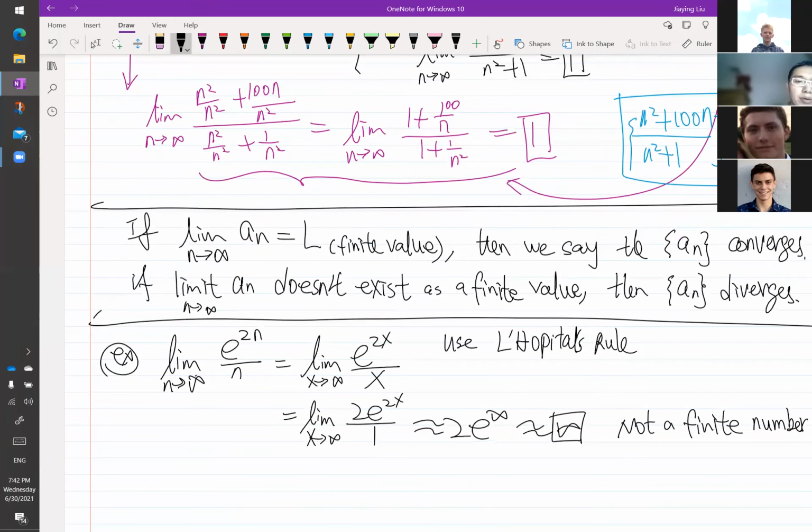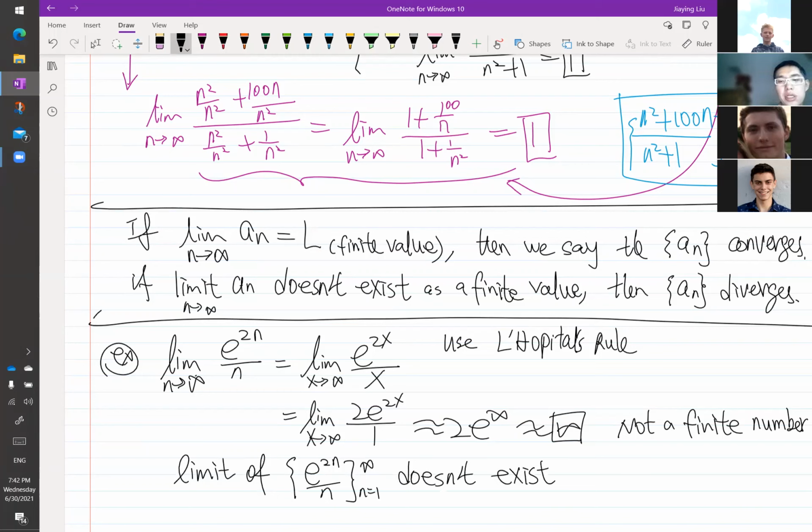In this example, we see the sequence that we're looking for. So the limit of the sequence e to the 2n over n, as n goes from 1 to infinity, does not exist, because the limit of the continuous function corresponding with this sequence doesn't exist.